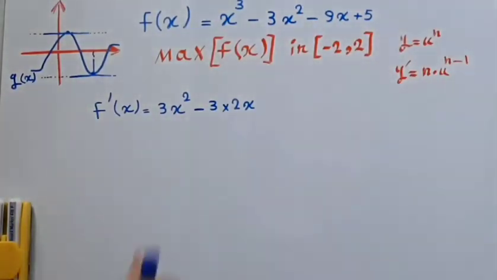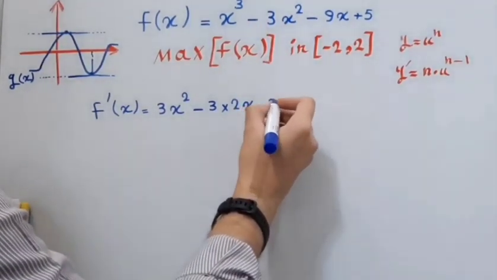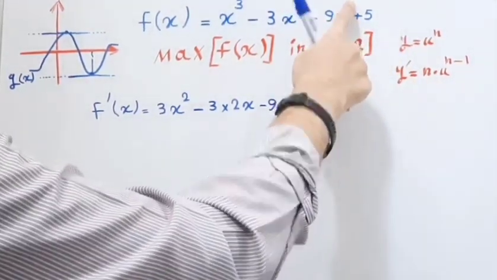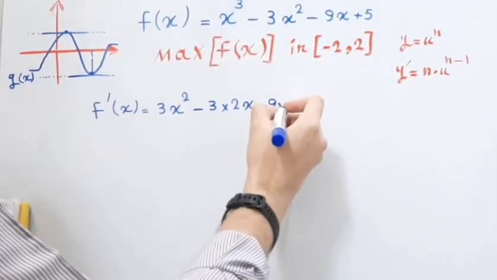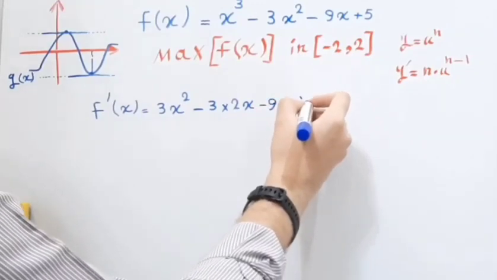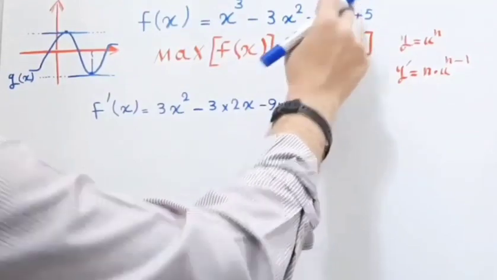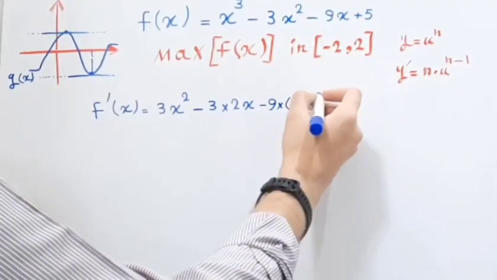I'm doing this here, and the minus 9x here. The power is 1 multiplied by 1, and x to the power n minus 1, n is 1 here, and 1 minus 1 is 0.